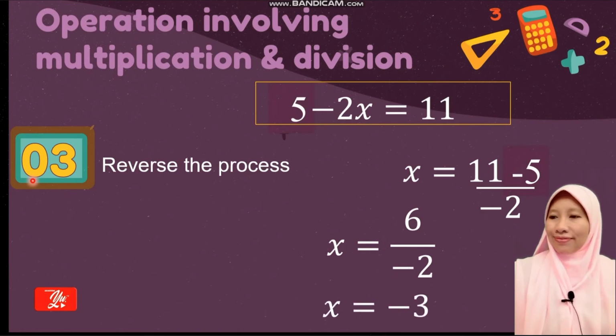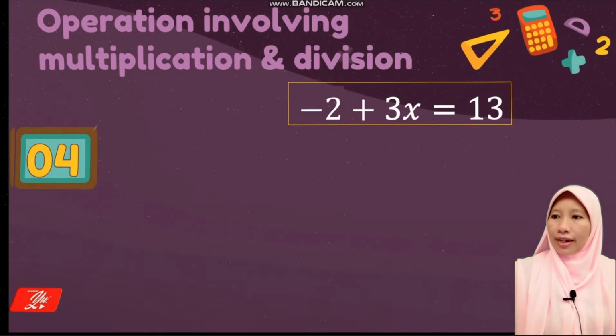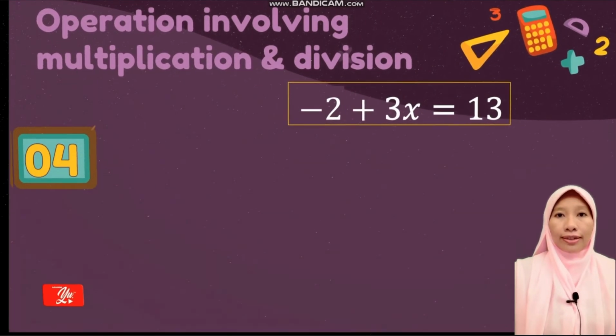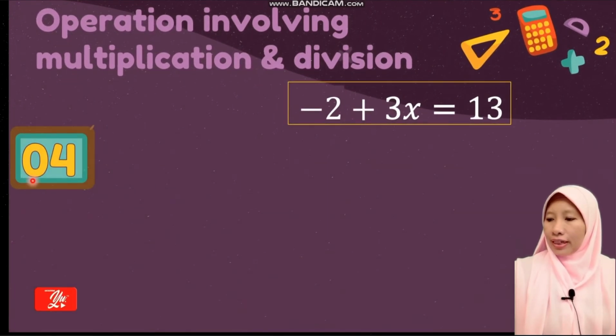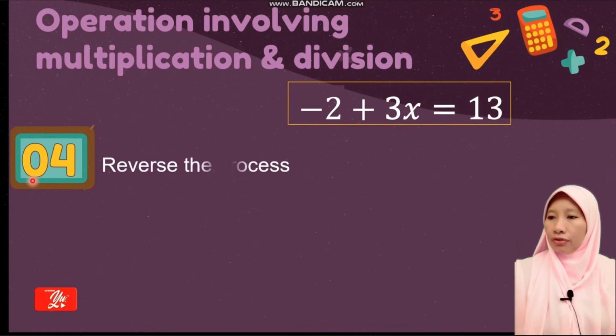Okay, let's look at question number 4. Now we have negative 2 plus 3x equals 13. Just leave the 3x first and deal with the negative 2.